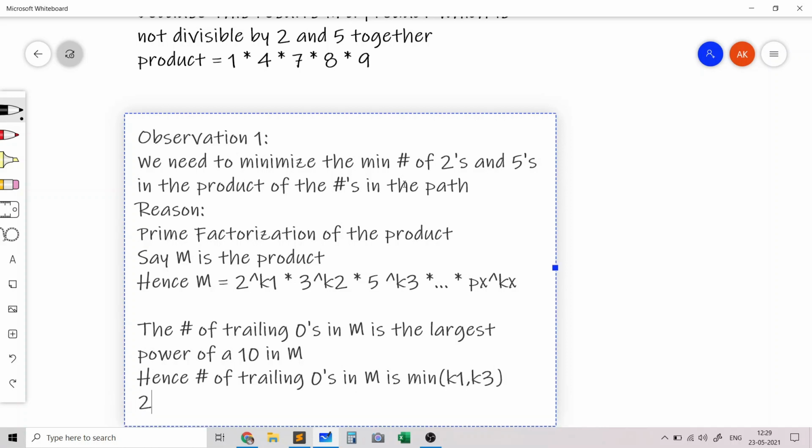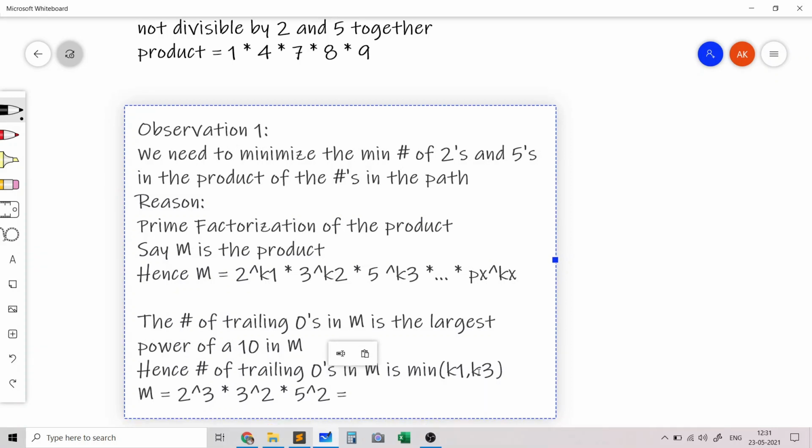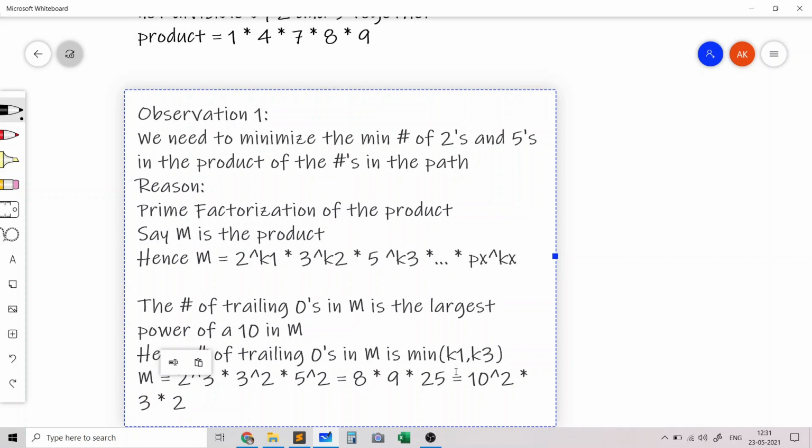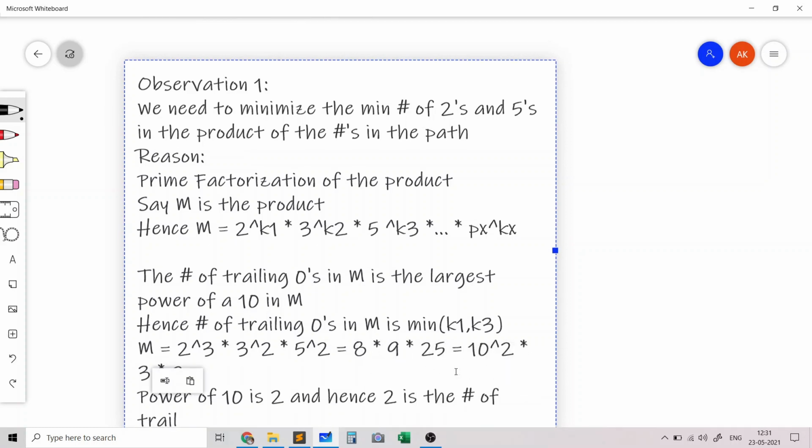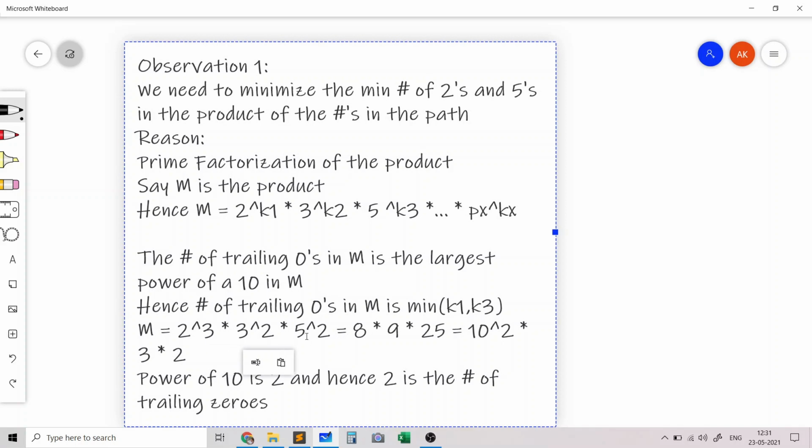So if you want to look at an example, then let's take the example of 2 cubed into 3 squared into 5 squared. 3 actually doesn't matter at all because it does not contribute to the power of 10. So let's just consider this number. So this number is actually 8 into 9 into 25, and that's equal to 10 squared into 3 into 2, and as you can see the power of 10 is 2, and hence 2 is the number of trailing zeros, and you can also see that 2 is the power of 5.